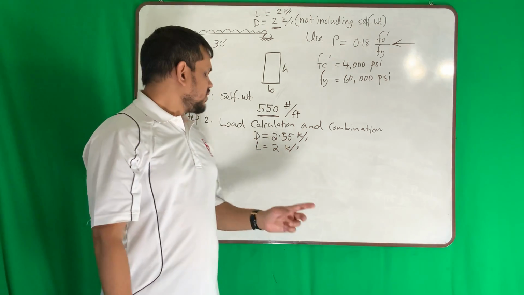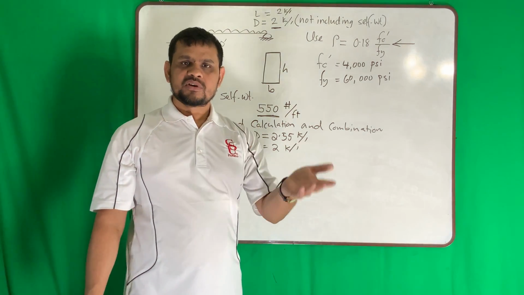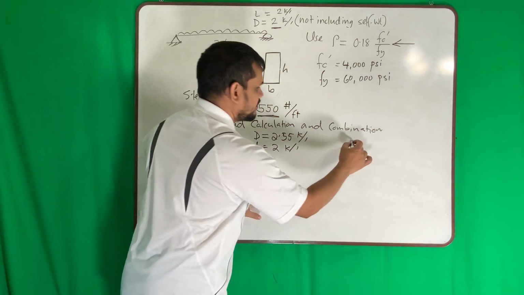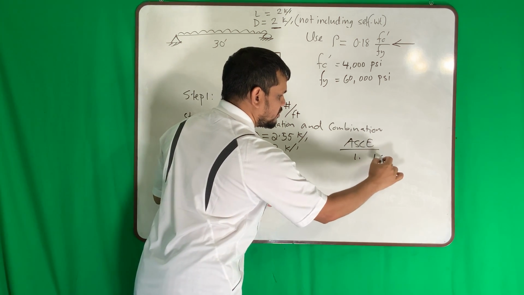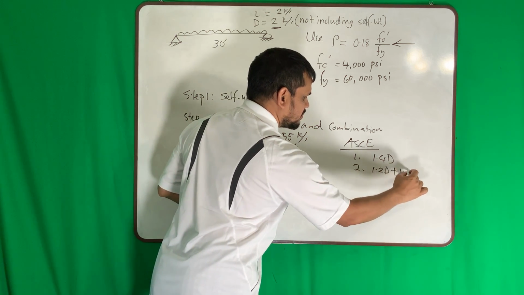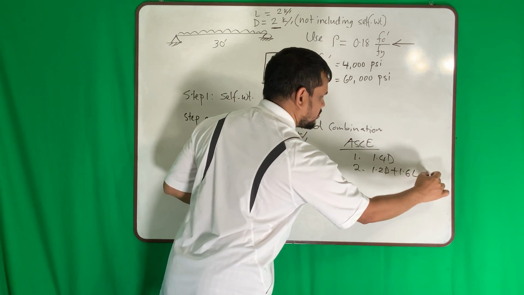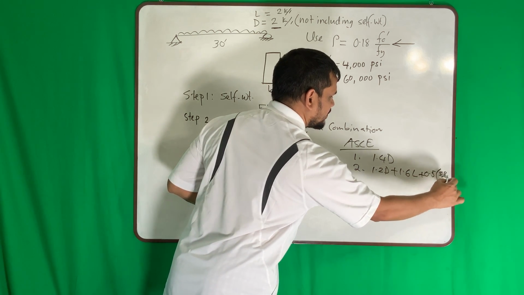You know that when there are only dead load and live load, the combination, if you can remember from ASCE, combination 1 is 1.4D, combination 2 is 1.2D plus 1.6L plus 0.5 snow load or rain load or roof live load.